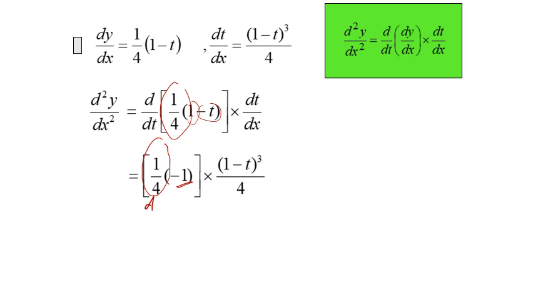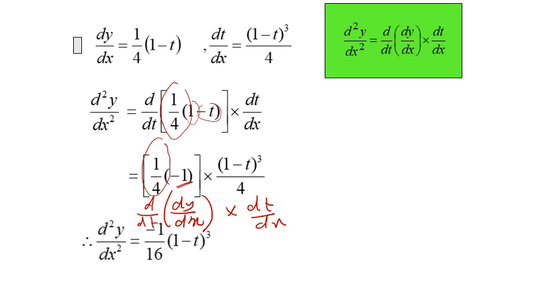So this is for d/dt of dy/dx. And then here we multiply with dt/dx. So the answer would be -1 over 16, 1 minus t to the power of 3.